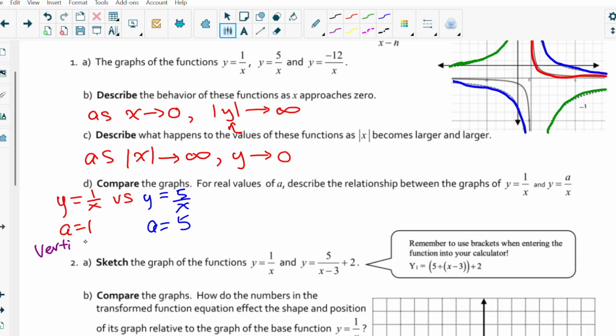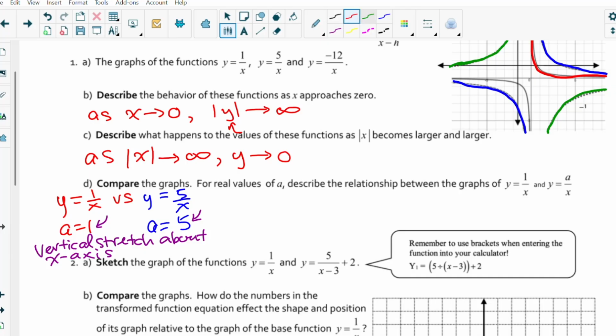We know this from our transformations: a vertical stretch about the x-axis by a factor of 1, by a factor of 5.